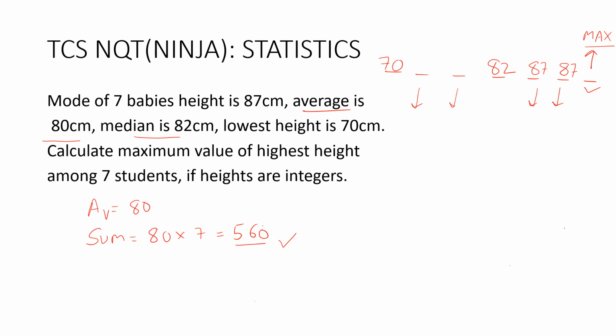Okay. Now, since the mode is 87, it is coming 2 times. So if you want to minimize these, you cannot take them to be 70. But since they are integers and they need to be minimized, I'm taking them to be 71 and 72. So my numbers look like this, and now they will sum up to 560, and that would give me what is going to come out here.